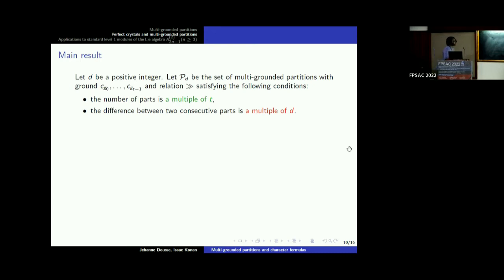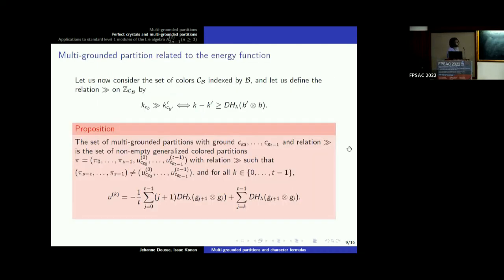And the two additional conditions are: first, the number of parts, the elements that compose our partition, must be a multiple of t, and second, the difference between two consecutive parts minus this element.